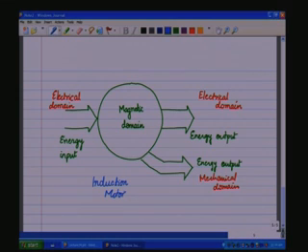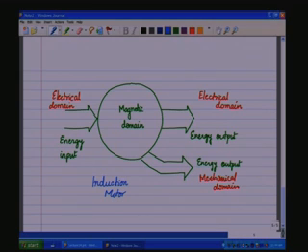The induction motor is like a three-phase transformer, where it takes energy from the electrical domain and puts it into the mechanical domain. There is also a class of induction motor where part of the energy can go into the electrical domain, like in a regular three-phase transformer, and part of it can go into the mechanical domain.